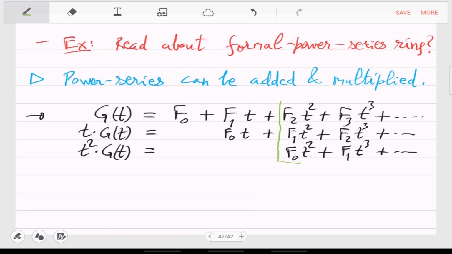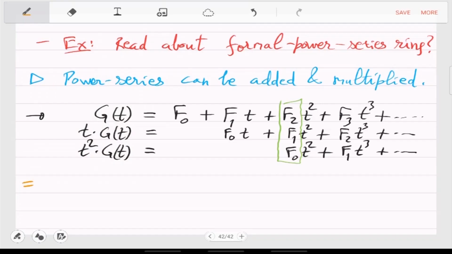So here you use the recurrence. For example, this is the first interesting place where you know the relationship between these three. What is the relationship? F2 minus F1 minus F0 is 0. So that is what you should implement.